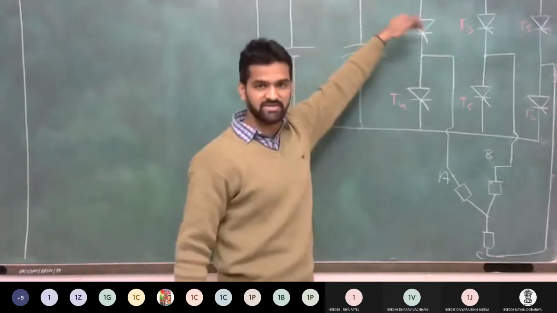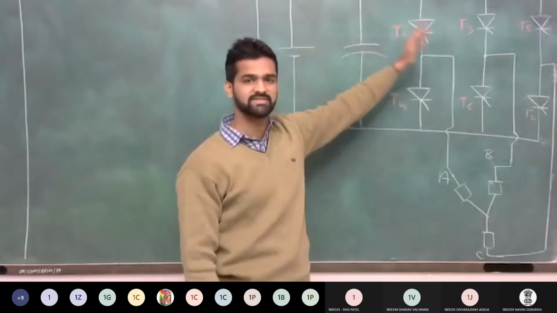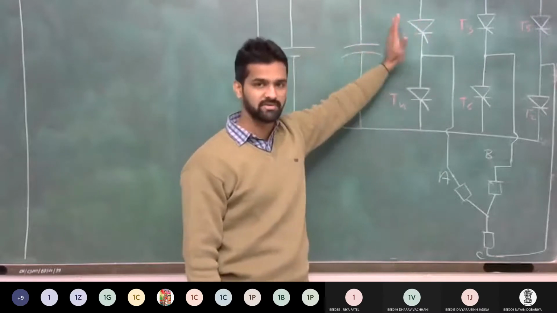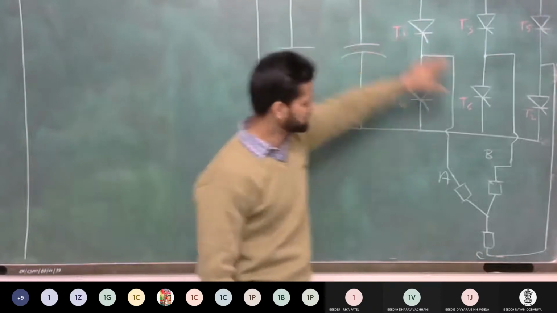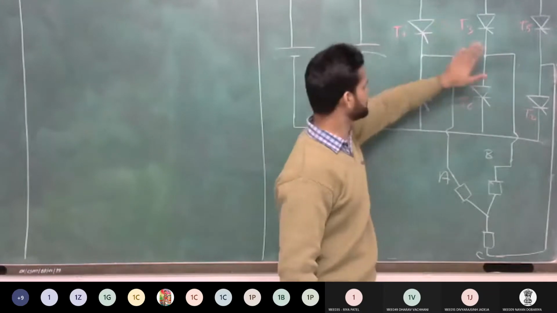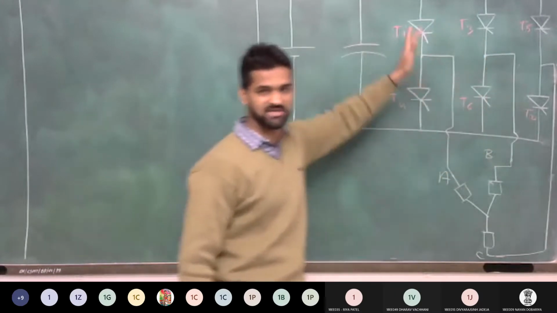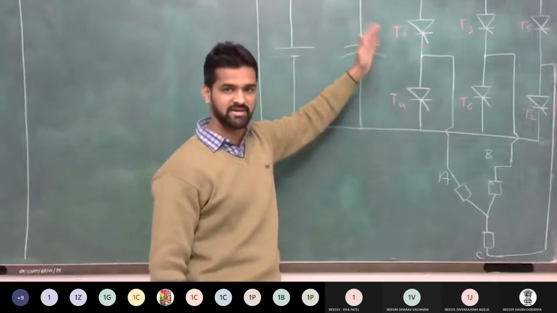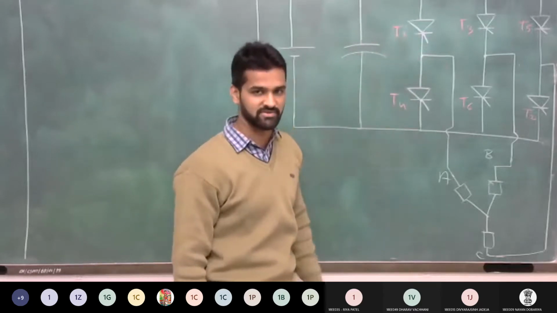The sequence in which I name the thyristors is the same sequence in which they are turned on. So T1 turns on first, T2 turns on after T1, then T3, T4, T5, T6. In that same sequence, all these thyristors are turned on one by one.